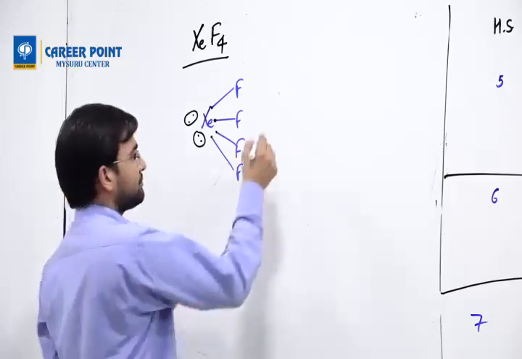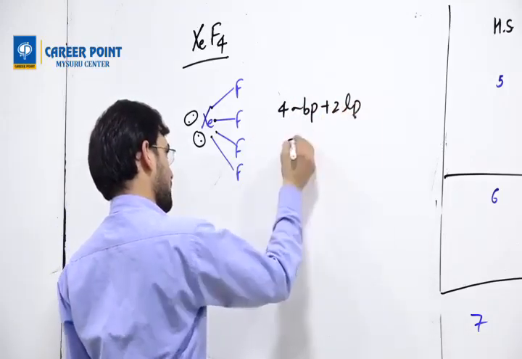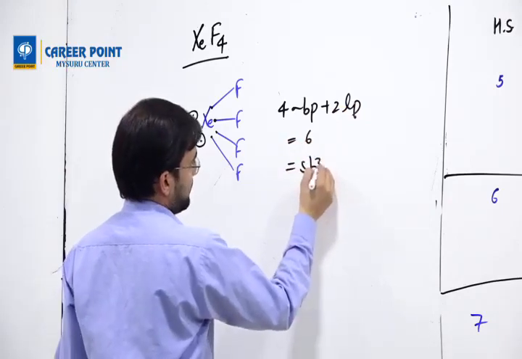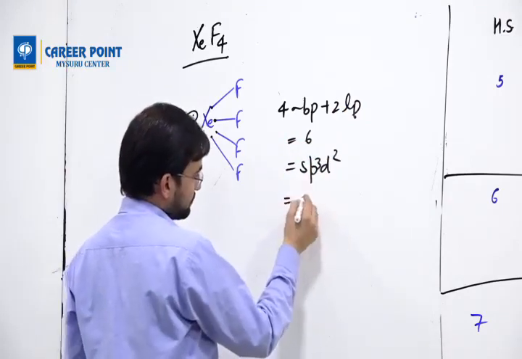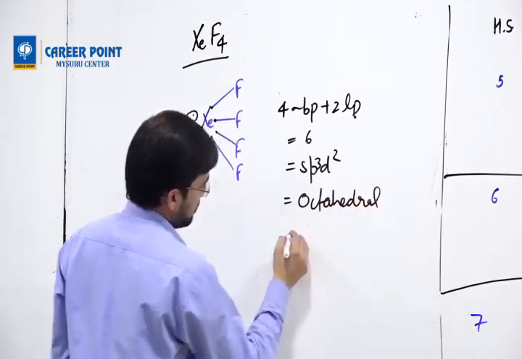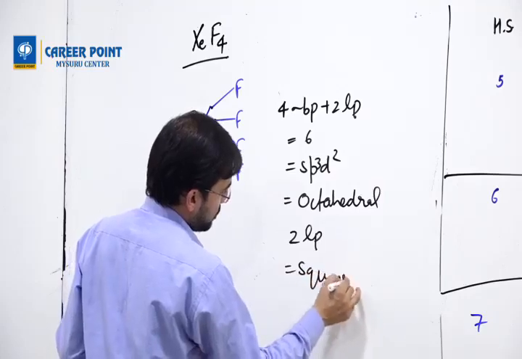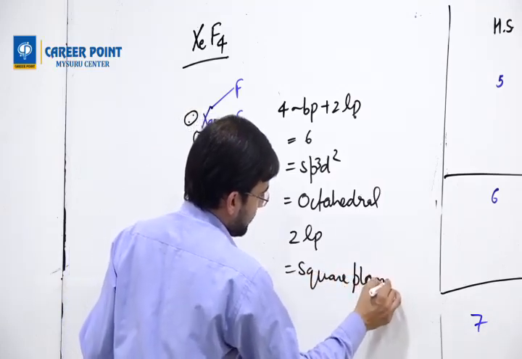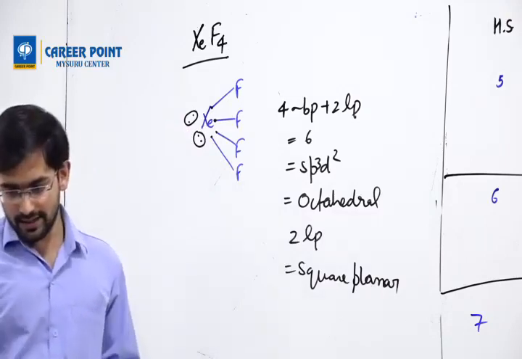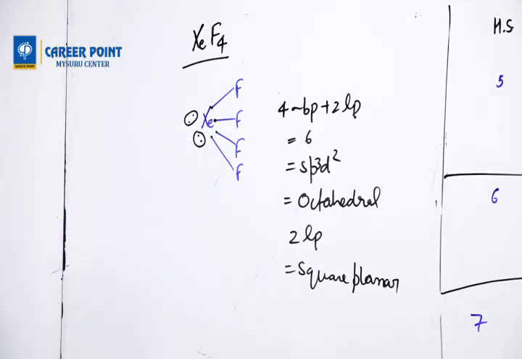So we get 4 sigma bond pairs plus 2 lone pairs, total value 6, sp3d2, octahedral, 2 lone pairs, which makes it square planar. Easy? Right. Okay. So next now.